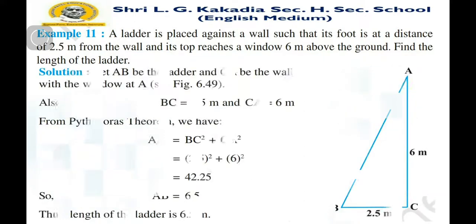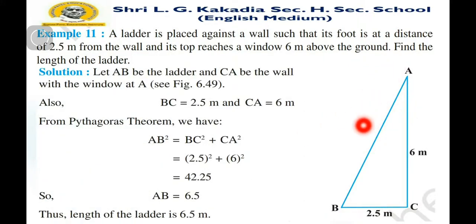As you can see, AB is a ladder, and it is a wall where the ladder reaches the wall. It is 6 meters, and at the bottom it is 2.5 meters.